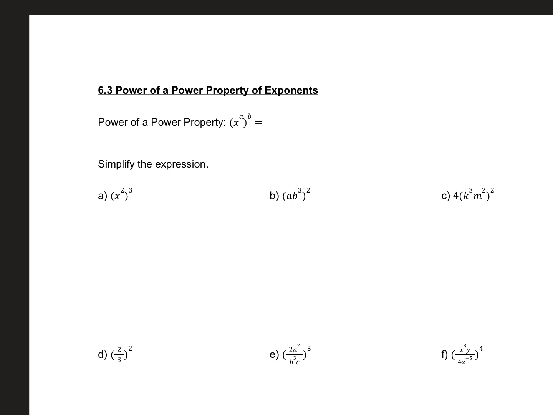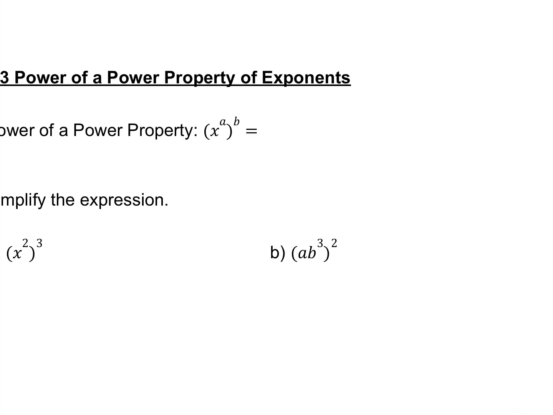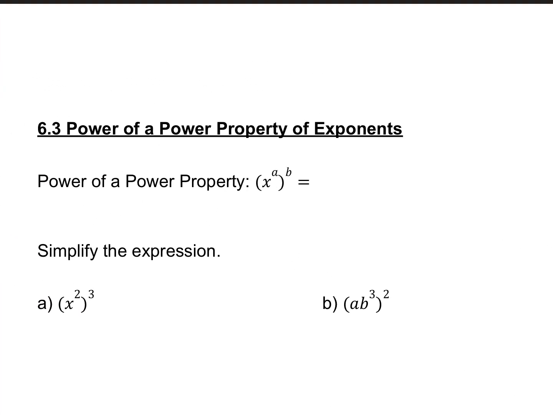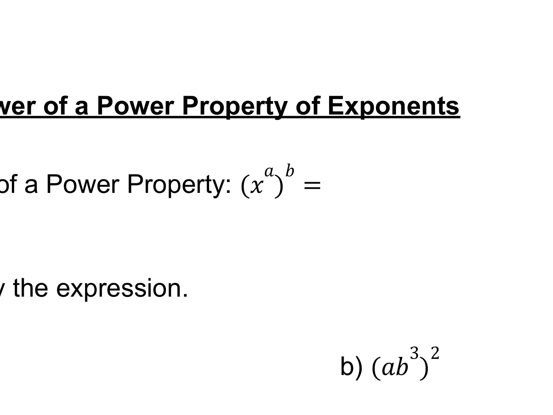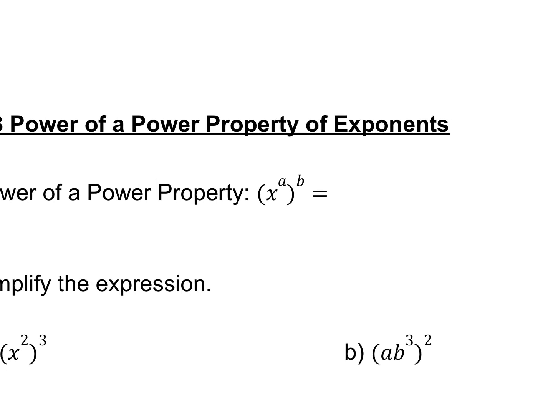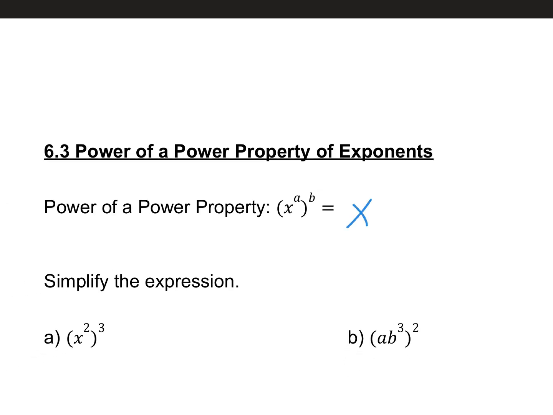So we're going to talk about what happens if you take a power to the power, or in other words, I have x to the a, where a is my exponent, and then what if I take that whole term and I raise it to another exponent, b? What happens then? Well, all we will do is take our variable x and multiply those two exponents together.